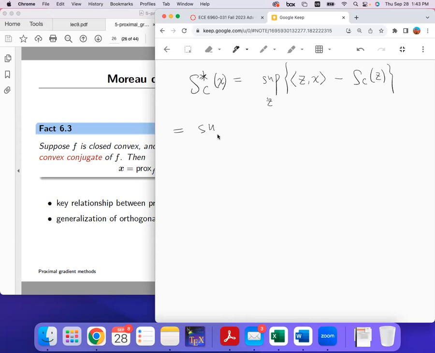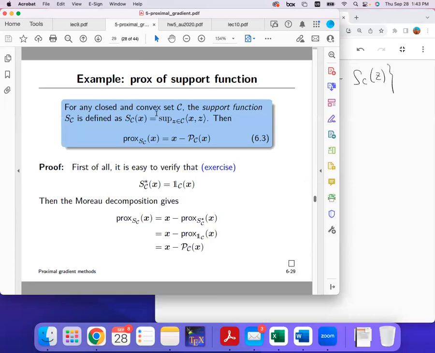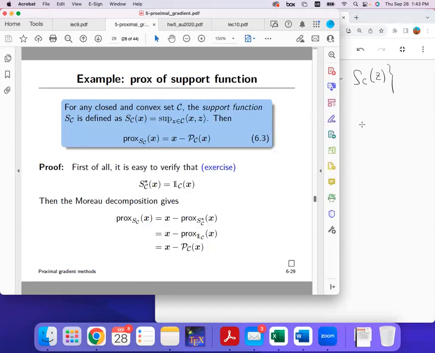Let's write it out more explicitly. What is the support function? It is given by a variational form, so let's write it down. We need to be careful and pay attention to the notation.